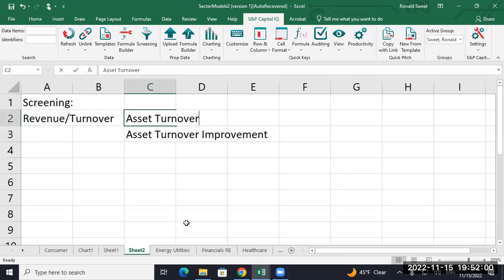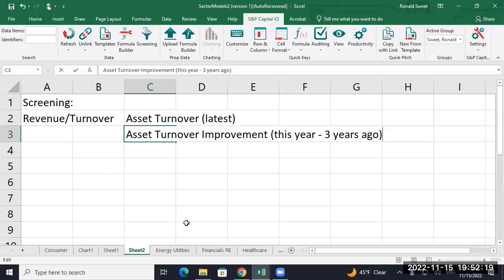So here you just bring in the latest. If you do that formula exactly how we're showing, it's just going to bring in the latest years. And then what I'd like to do here is this year minus 3 years ago. What I'm looking for, what are those firms whose asset turnover not only is good, but it's getting better. That's a very easy thing to do.